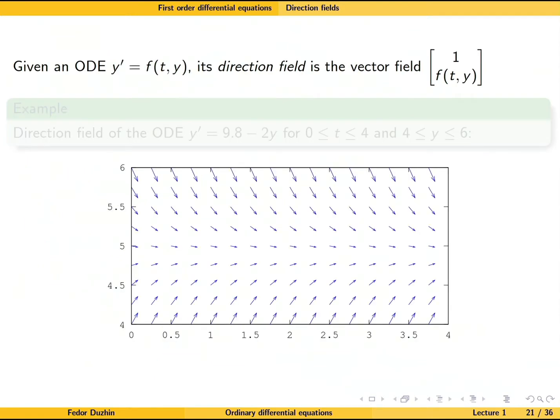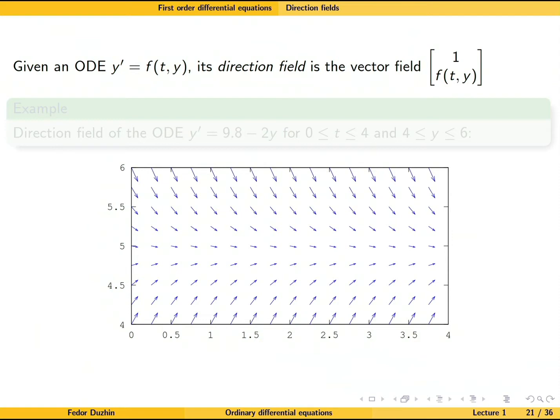Well, then an ordinary differential equation is usually visualized as a vector field. A vector field is given by two coordinates, right? So the x coordinate, and the y component.